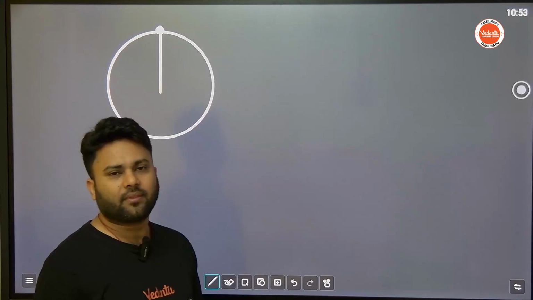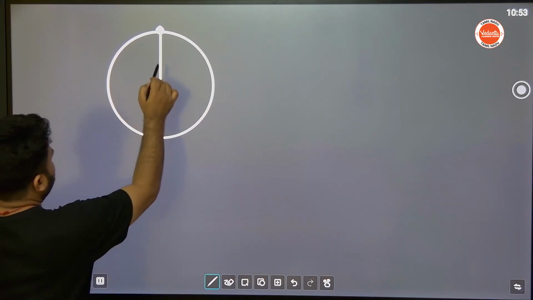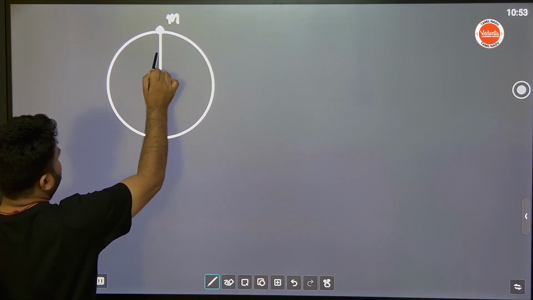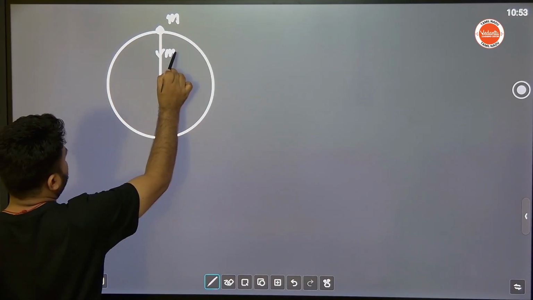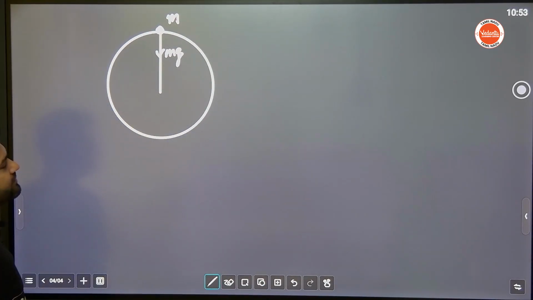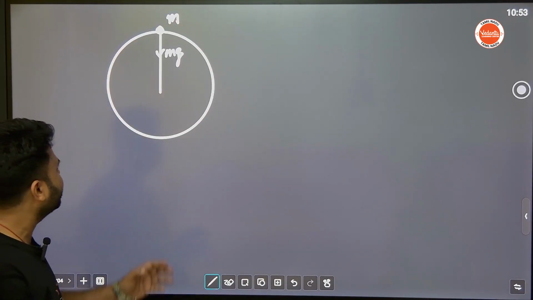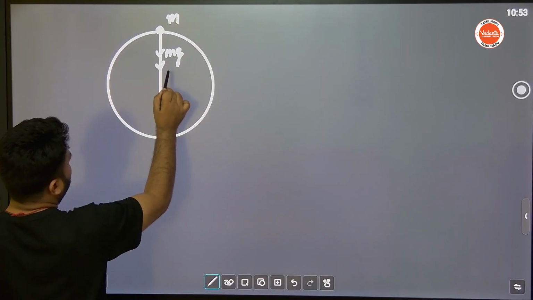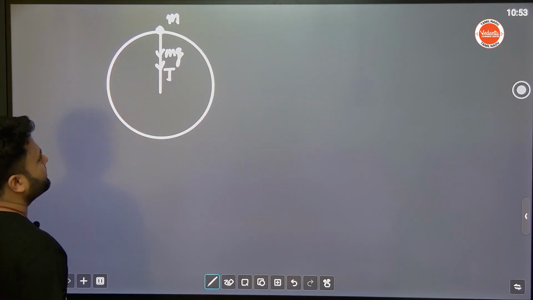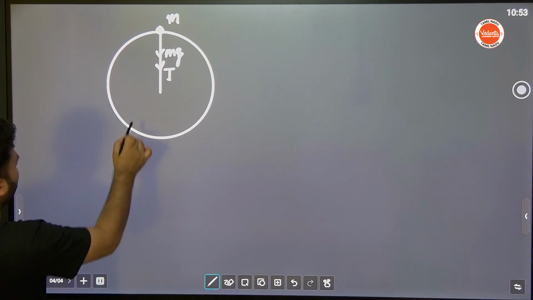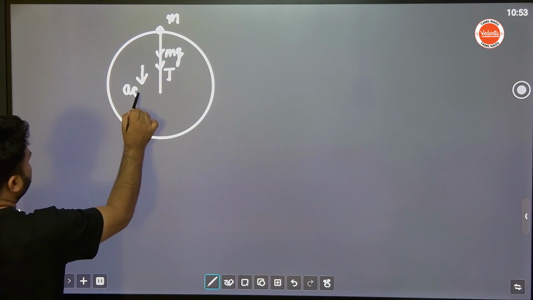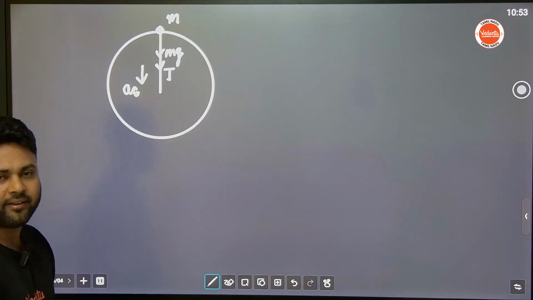This ball is of mass m, so one force will definitely be mg, downward, because mg always acts downward. Tension acts away from the body, so tension will also act here. And as you know, there is always one acceleration towards the center. This is centripetal acceleration.